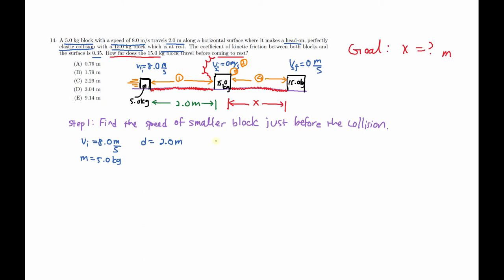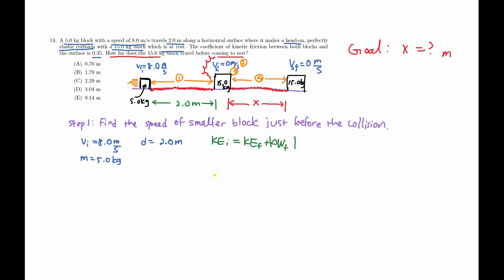Before I say that, I'm going to start with the kinetic energy initial equals kinetic energy final plus the absolute value of the non-conservative energy, which arises from the friction along the ground.